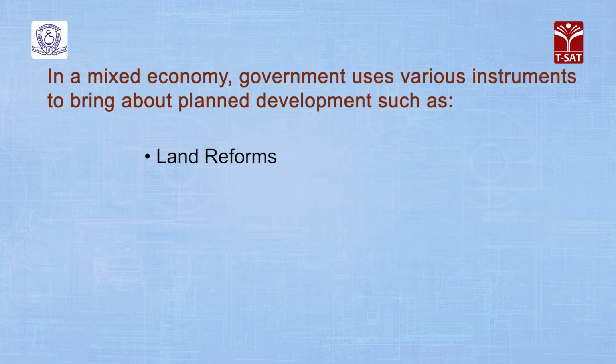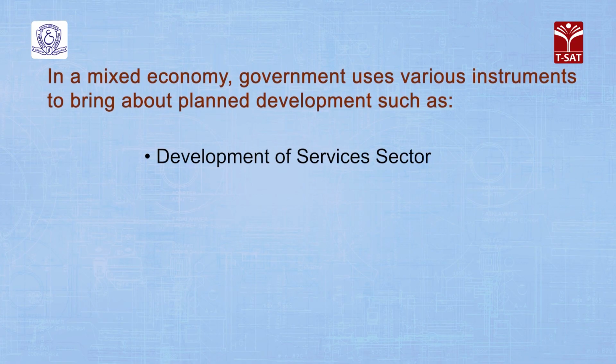Land reforms. The objective of land reform is to bring about institutional changes to make property relations favorable to the tillers of the soil. It aims to remove all elements of exploitation and social injustice within the agrarian system. Development of service sector.